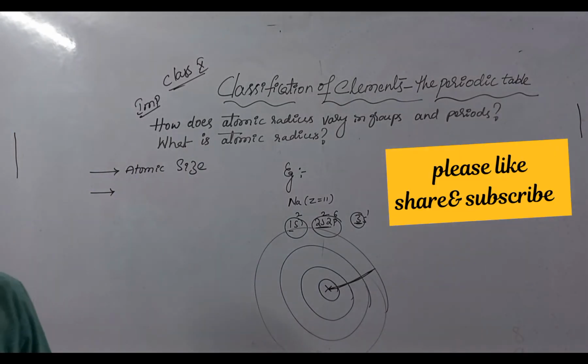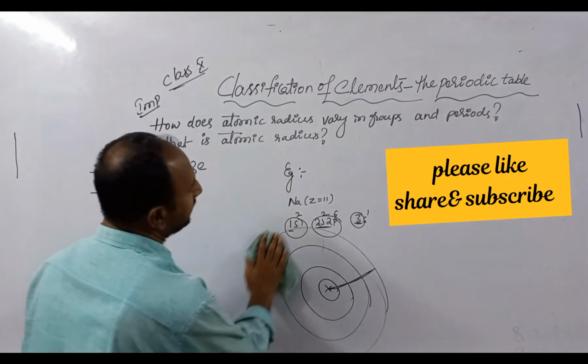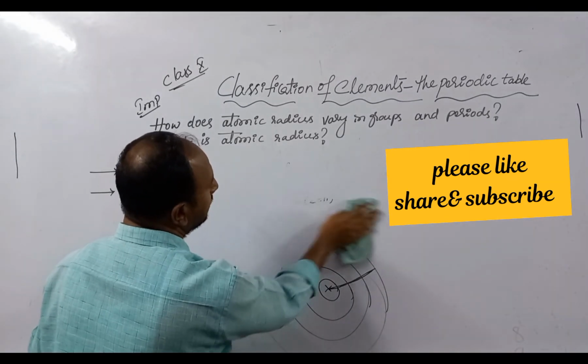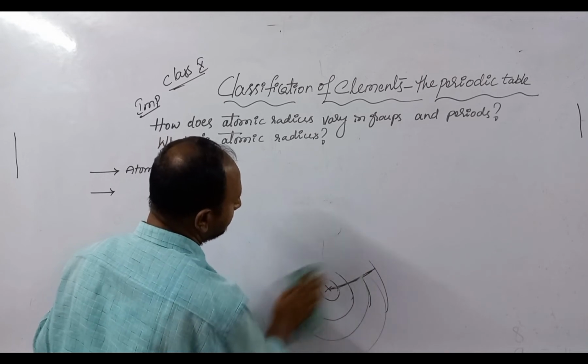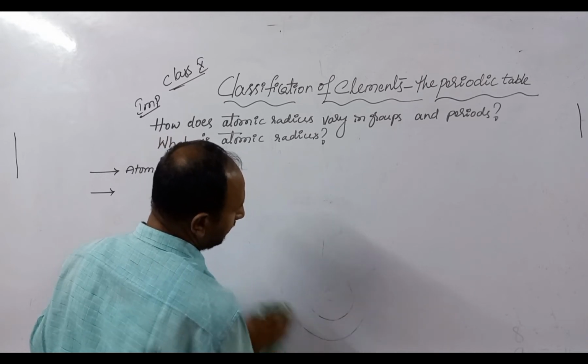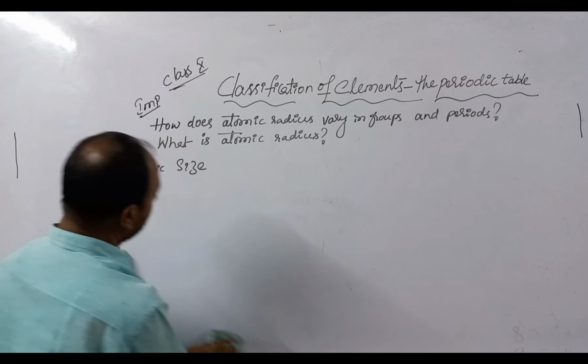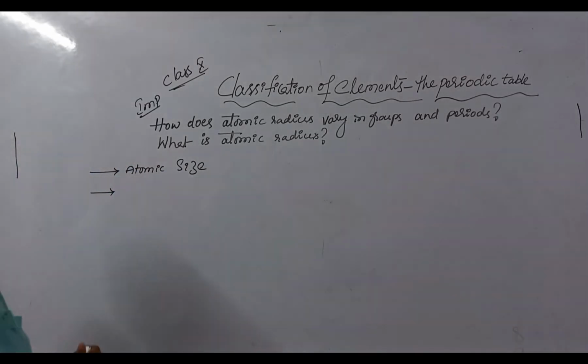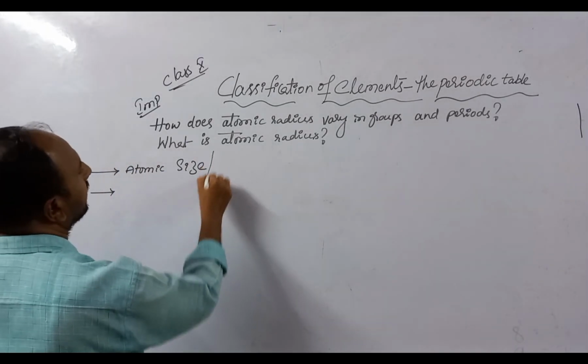Atomic radius can also be called atomic size. So now we can write the definition for atomic size or atomic radius.